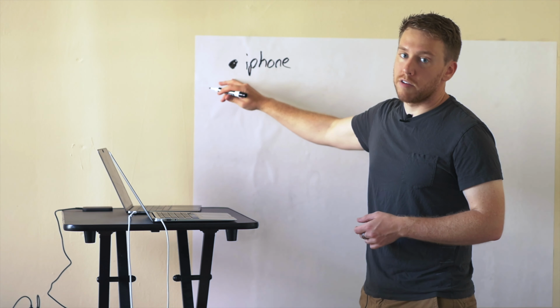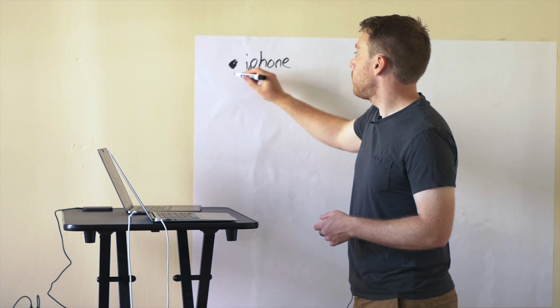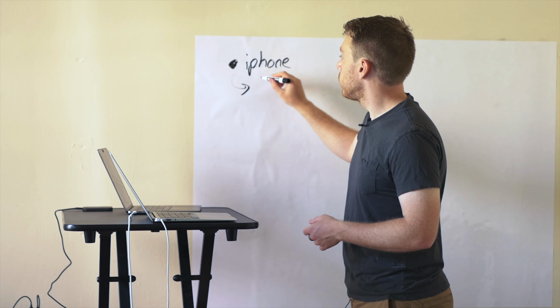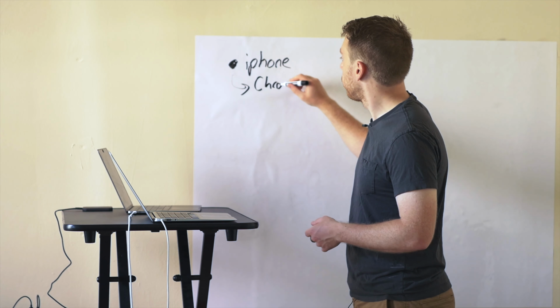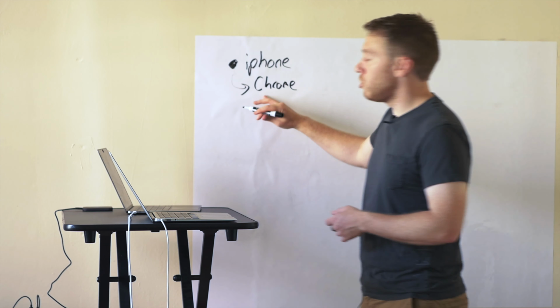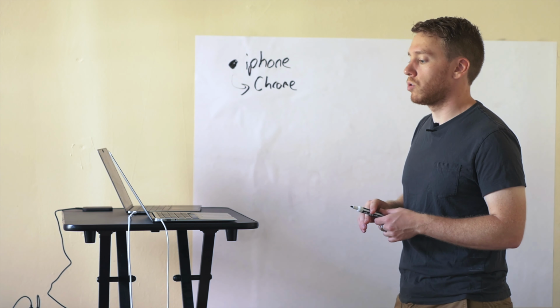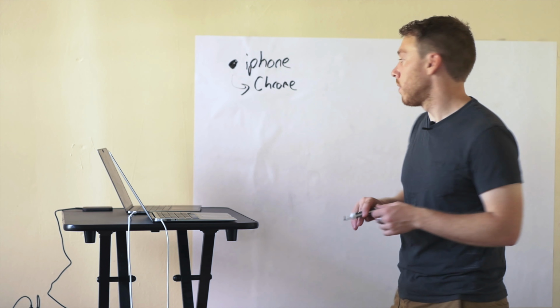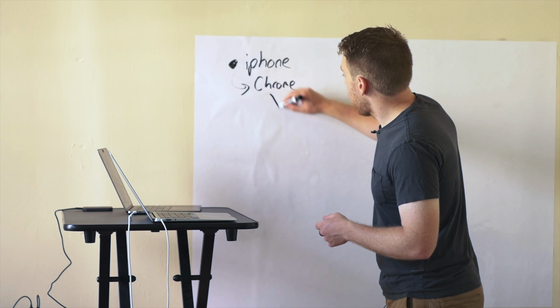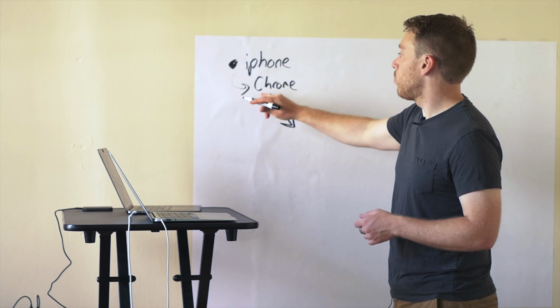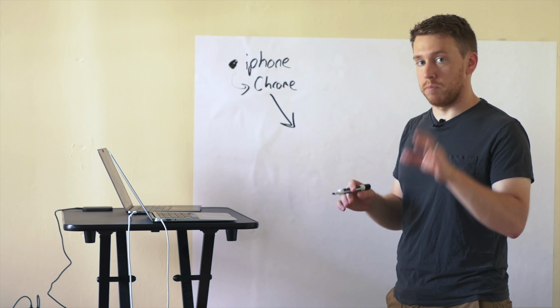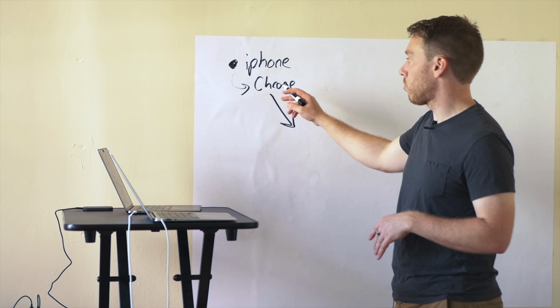Say you're on your iPhone and you pull up your browser, Chrome, and you want to make a request to a particular website, google.com. So what actually happens when I type the domain name www.google.com into Chrome?